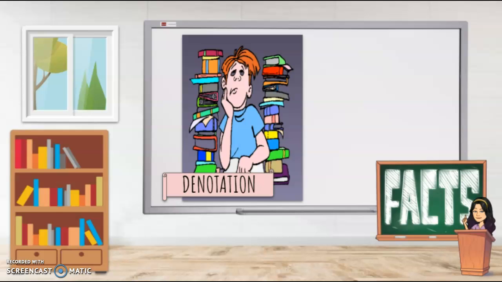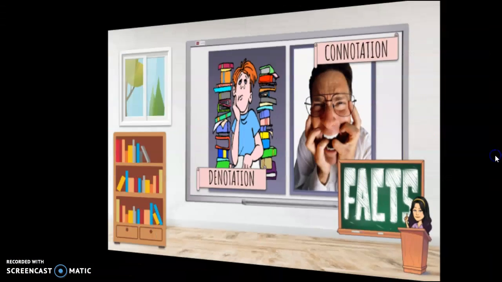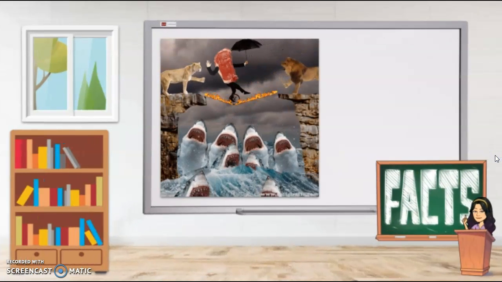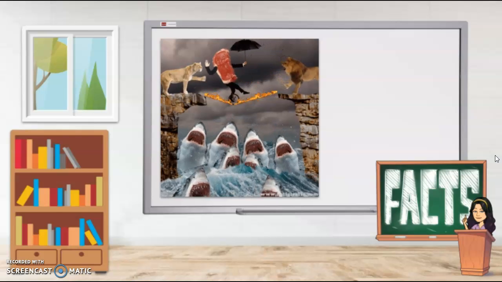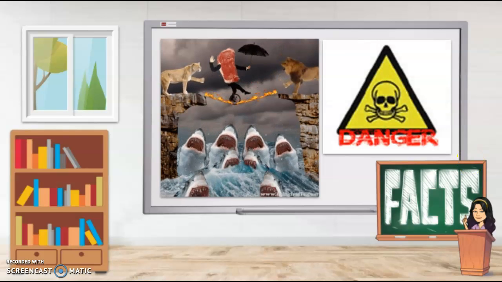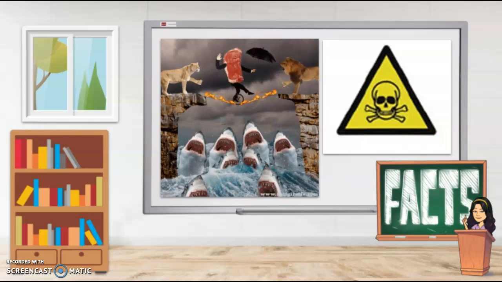Many words, however, stir up emotions or suggest associations. This is called connotation. Take the word shark, a marine carnivorous fish with large teeth. What do we associate with the word shark? Danger. Can you think of a single person who doesn't feel some fear at the very mention of this word?